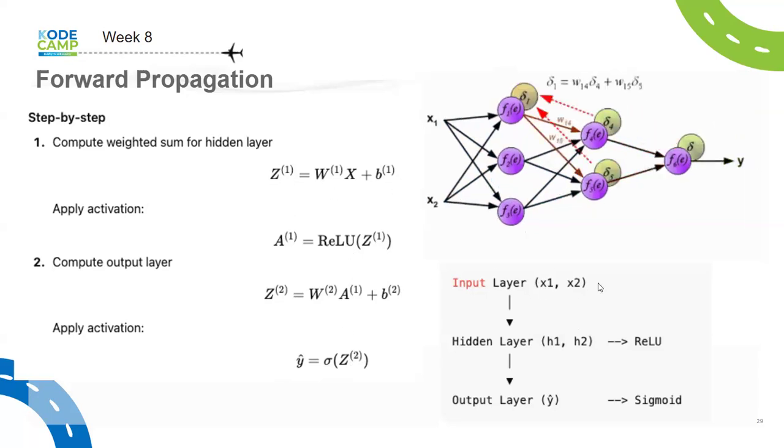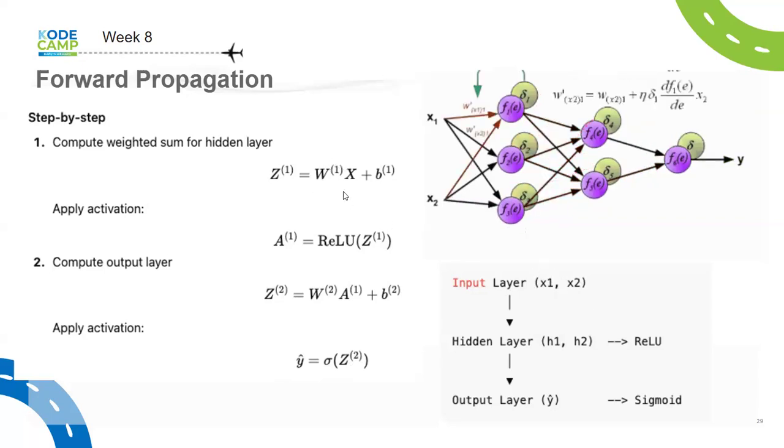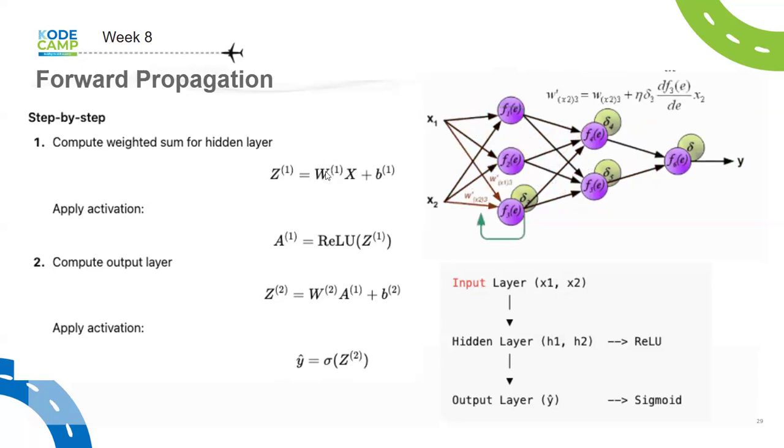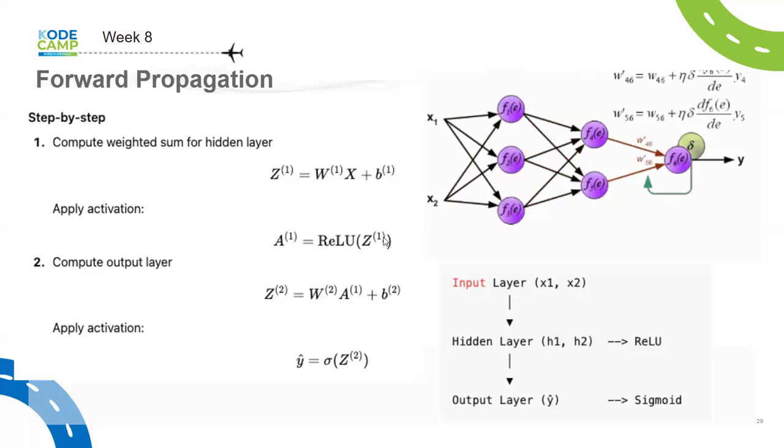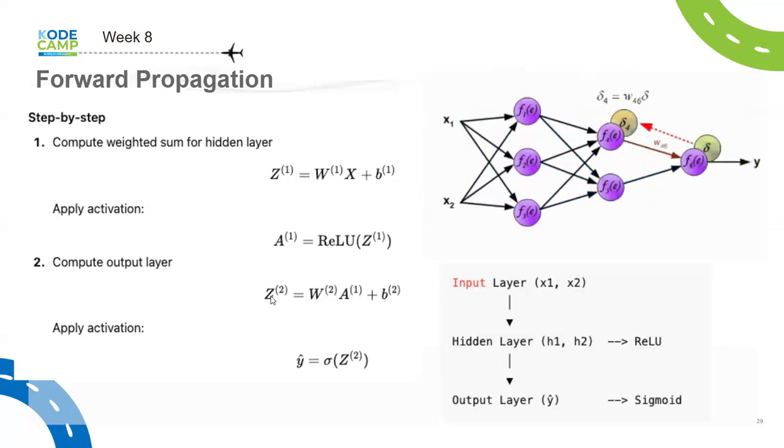You have the input layer x1, x2. This x1, x2 forms the matrix X, and the weights form the matrix W. You have the bias and you calculate the Z. You pass it through a ReLU and that gives you the activation. So this is the output from that hidden layer. Then the output from the hidden layer, the A, now becomes input for the output layer, which is layer two.